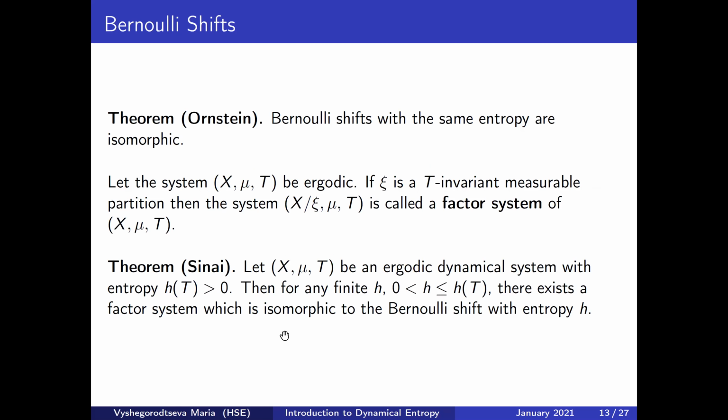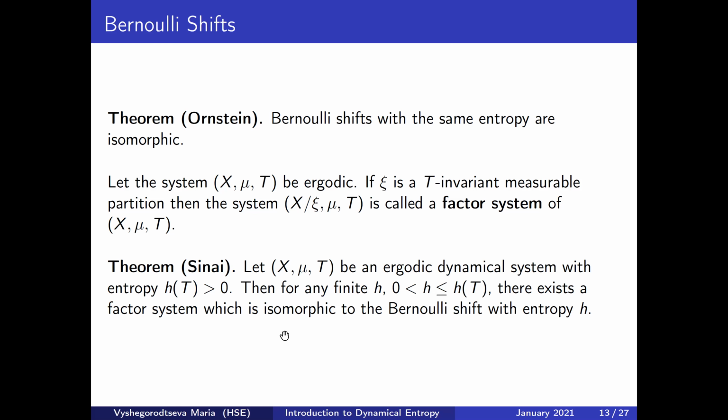Okay. So then we have a theorem by Ornstein that states that Bernoulli shifts with the same entropy are isomorphic. And this example is very important because of the following notion.